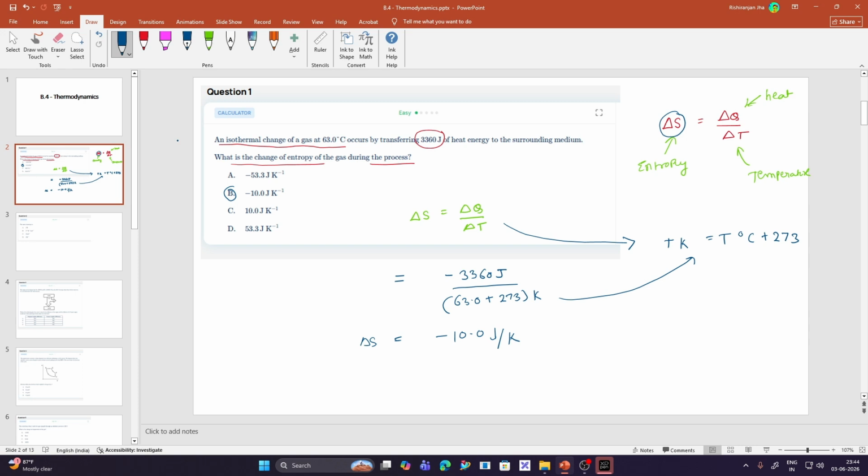Since the heat is transferred, that's why we have a negative sign here. Hope you understood why we took the negative sign for the change in heat. So based on this calculation, we have the change in entropy as minus 10.0 joules per Kelvin. So the correct answer is B.